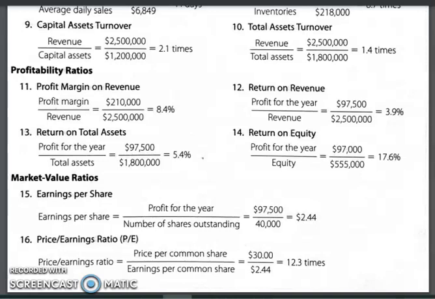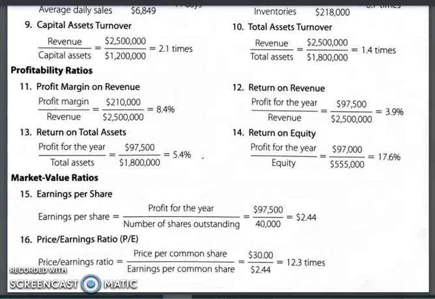Okay, so we can also create a couple of market value ratios. So our earnings per share would be the profit for the year, which is our 97,500, divided by the total number of shares that the company has. And the way we can find the number of shares is by looking at our information through the company.